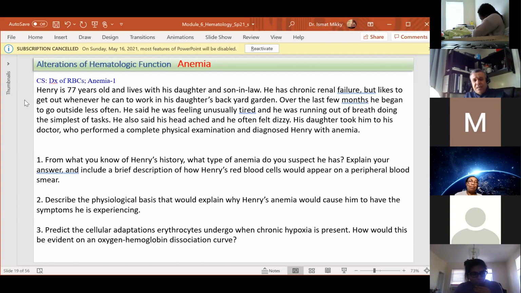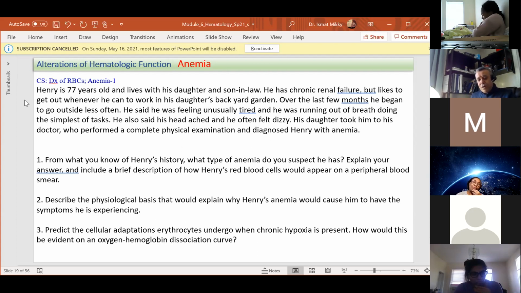But don't worry too much about this question because it is a little advanced. It's about how to apply the dissociation curve, the hemoglobin affinity with oxygen, and then you have to apply that to the curve and you'll be able to answer the question.